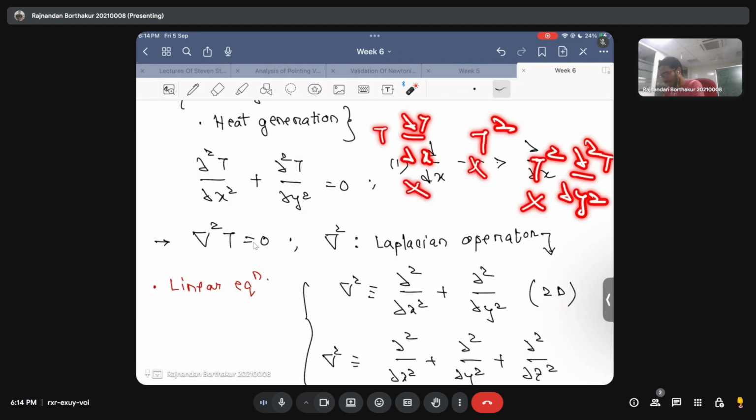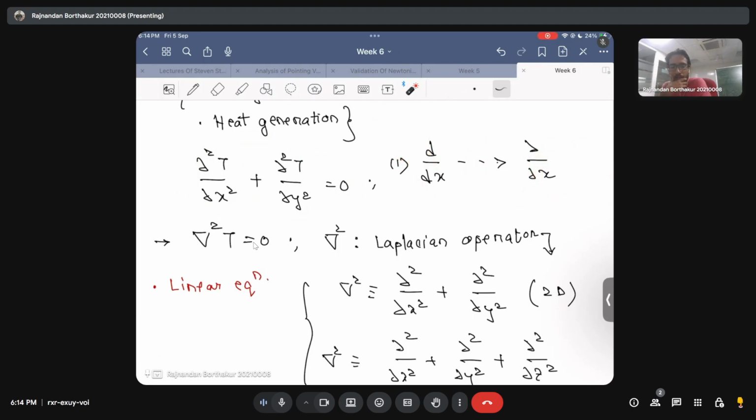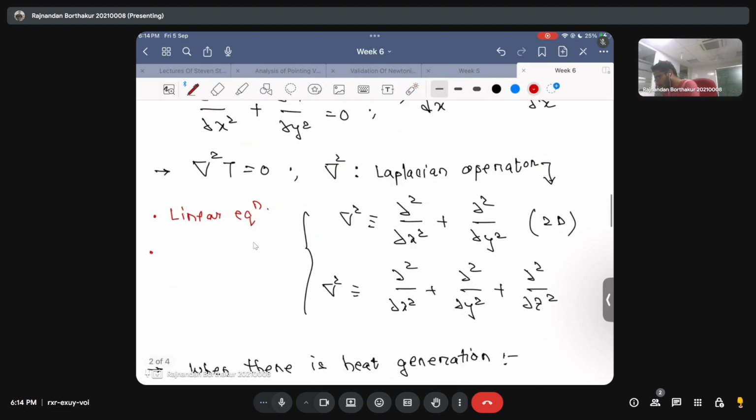Since we don't have any nonlinear terms, this equation is essentially linear. And you can also see that T equal to 0 satisfies this equation. If you just substitute T equal to 0, you can see that the right hand side is equal to the left hand side, which means that this is a homogeneous equation.